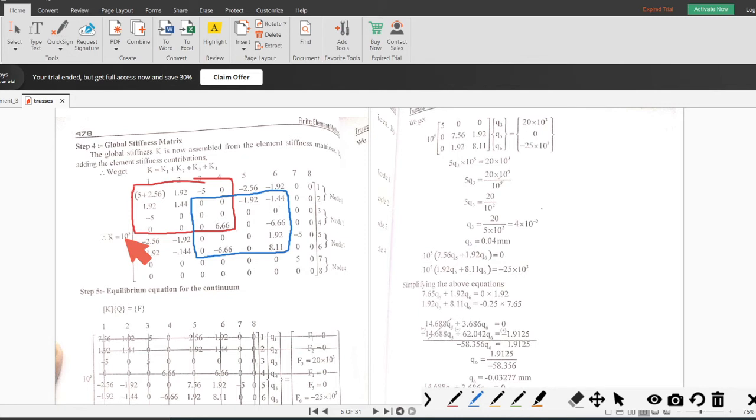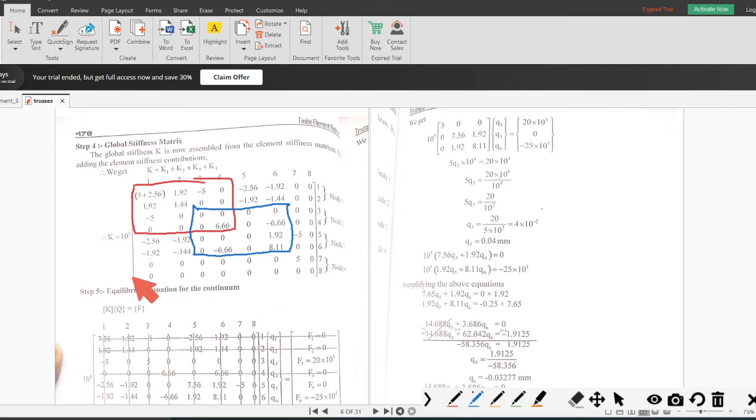You have taken 5 rows, sir. K2 has only four rows, 3 4 5 6. Yes, correct, we have to start from here. Now is it okay?